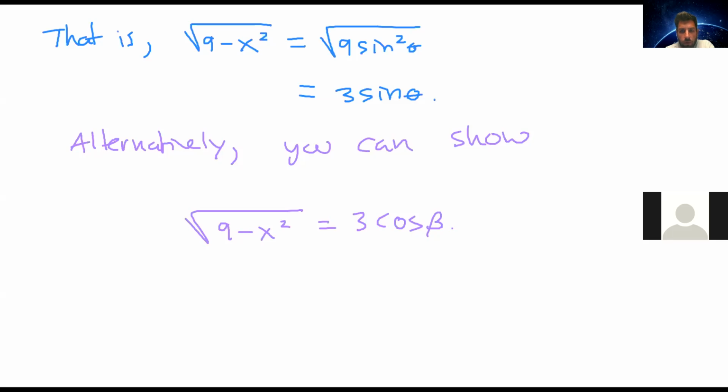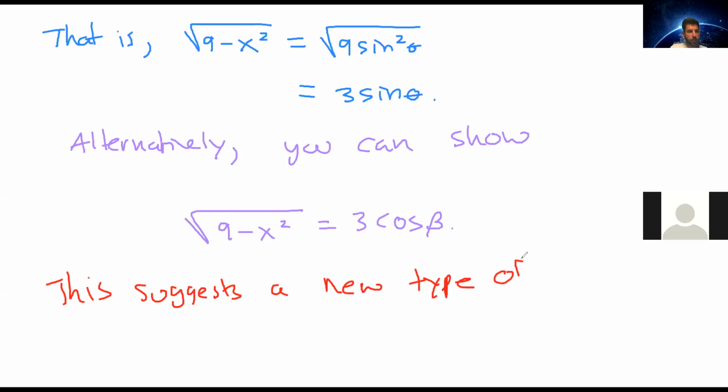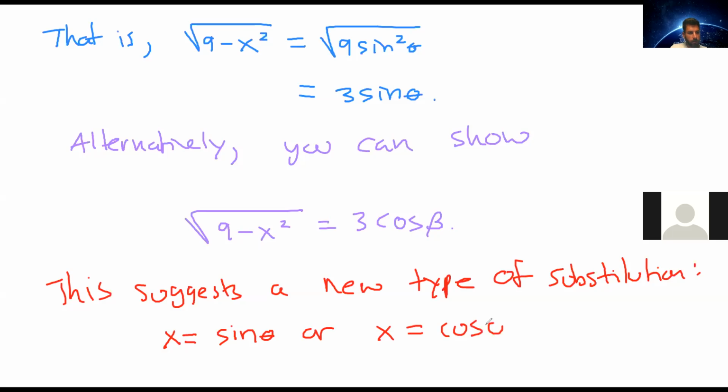Well, what this little geometric investigation suggests is a new type of substitution: replacing x with, say, the sine of theta, or x with the cosine of theta.